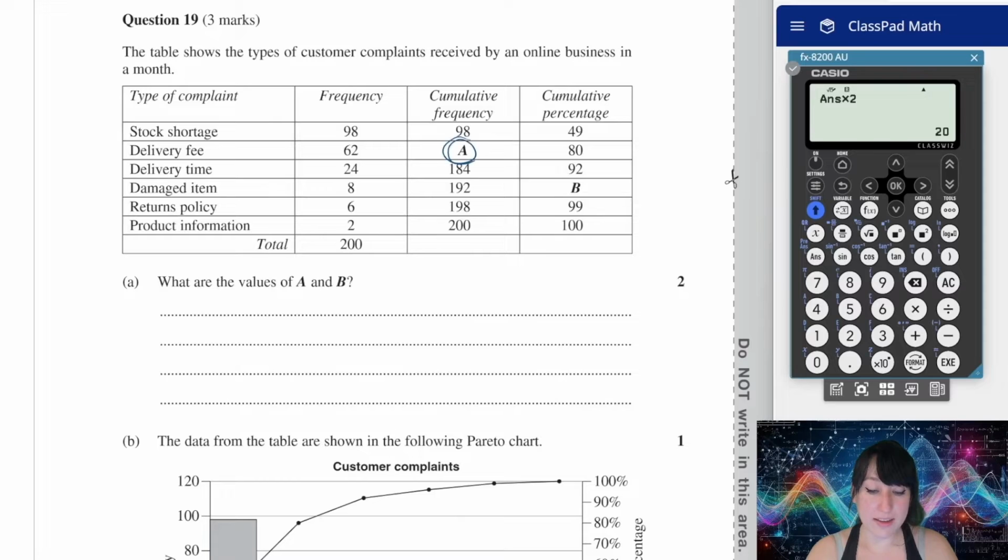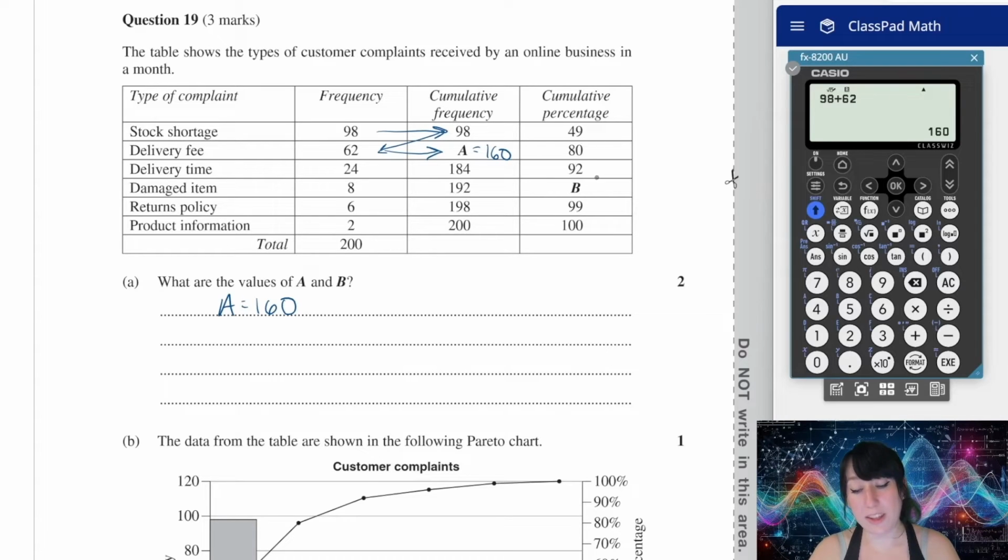Now, A is the cumulative frequency for delivery fee. Cumulative frequency is when we add up, as we go, the total frequencies up to that point. So it starts with 98. To get the next one, we'd add 62. 98 plus 62 gives us 160.